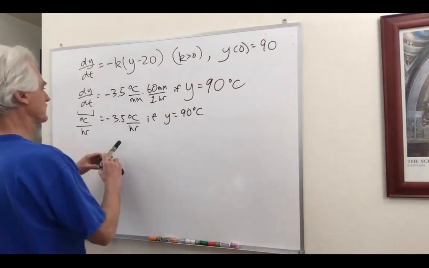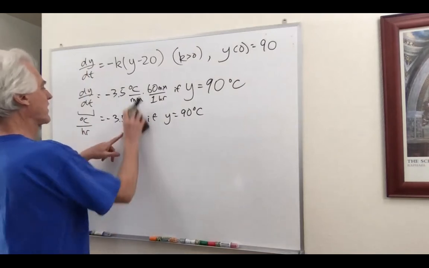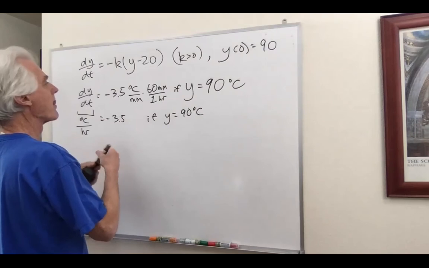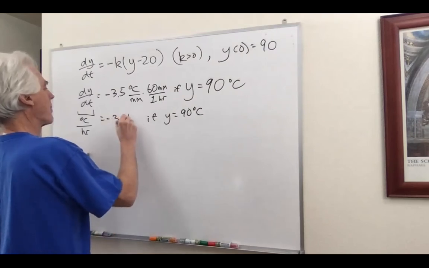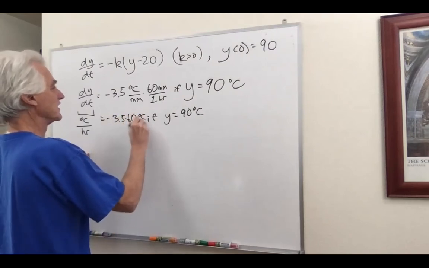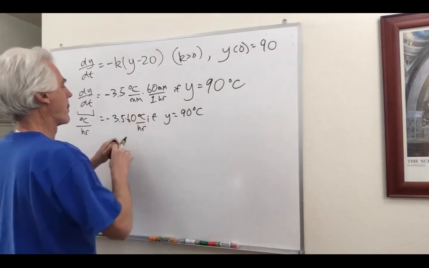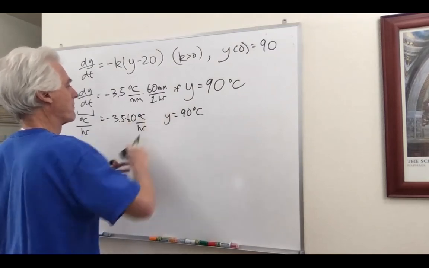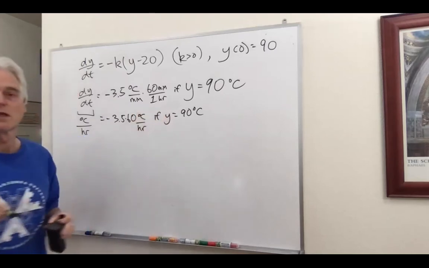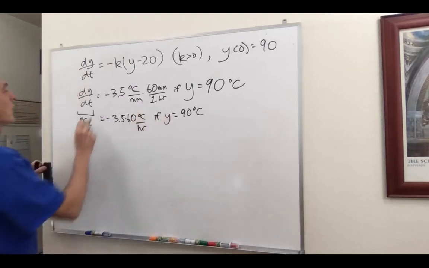Oh, I screwed up. 3.5 times 60, and that's degrees C per hour. I forgot that.